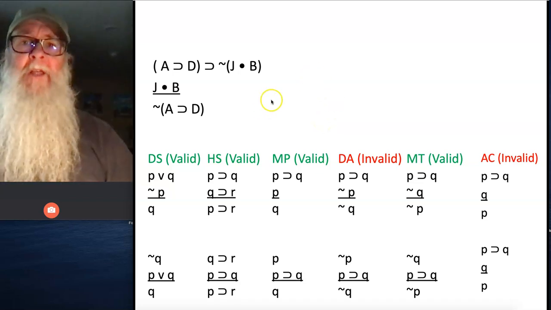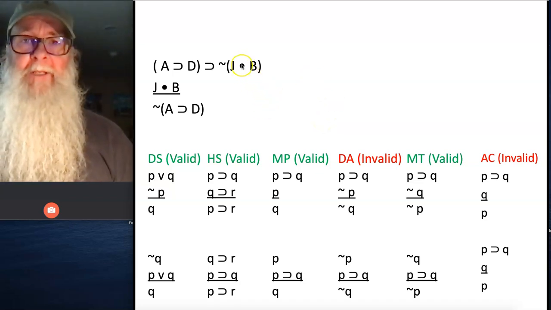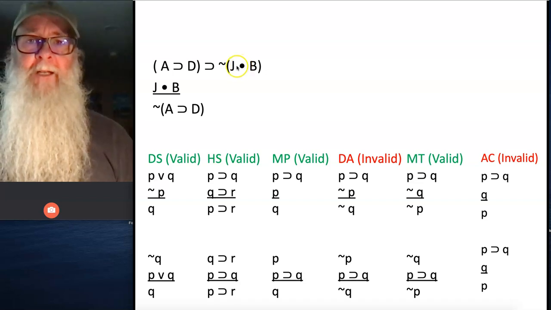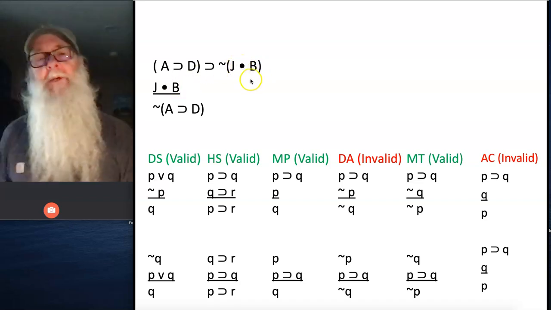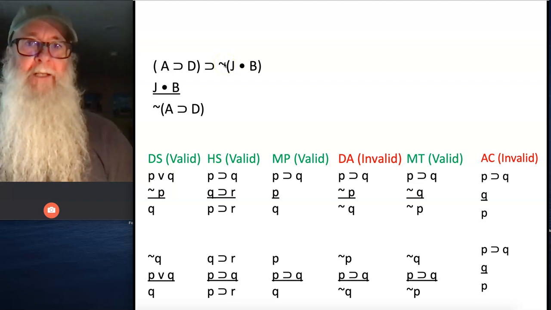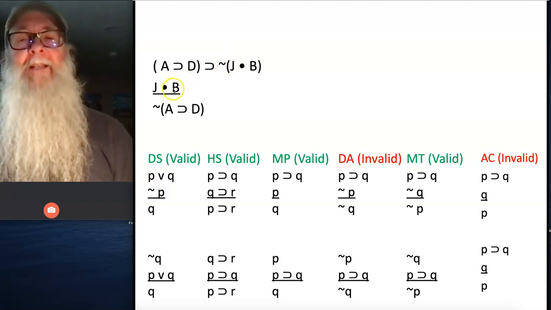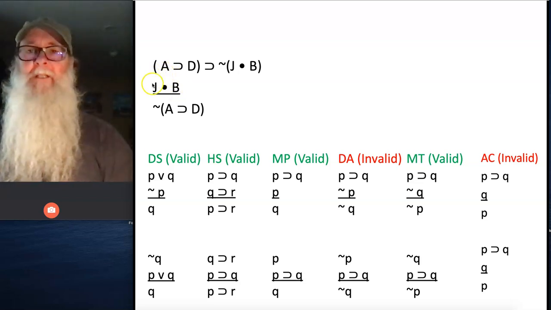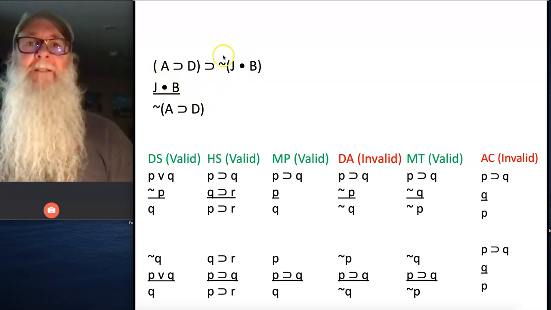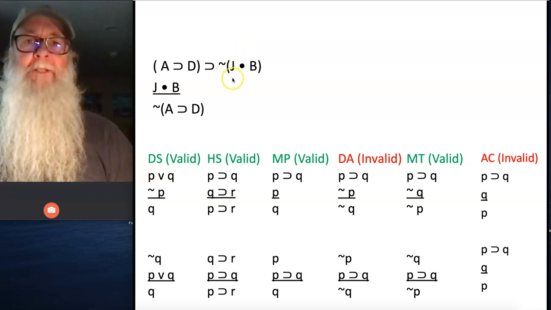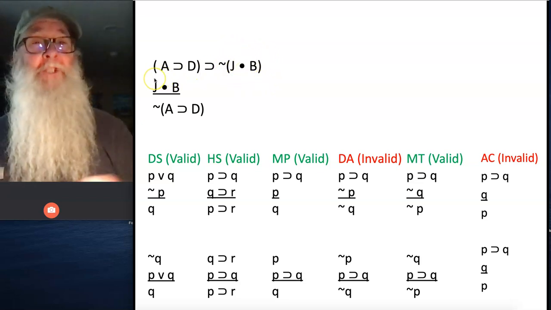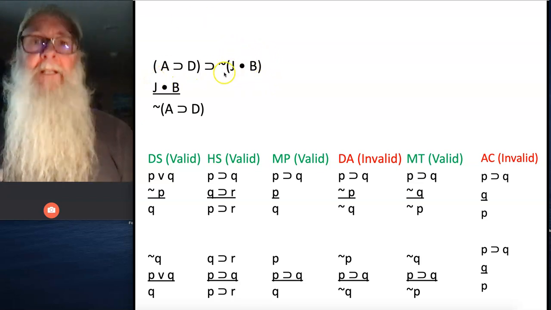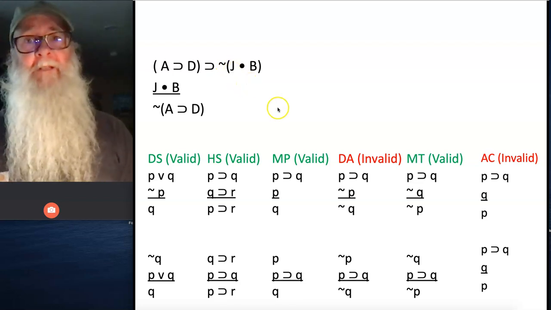Well, we can see that one of the things the premises have in common is this statement J dot B. But notice that it appears with a tilde in the first premise, and that tilde is gone in the second premise, okay? And that tells us that what the second premise is doing is it's denying what appears on the right-hand side of the horseshoe. Because if J dot B is true, then tilde J dot B would have to be false, okay?